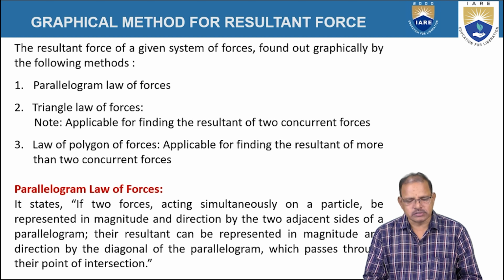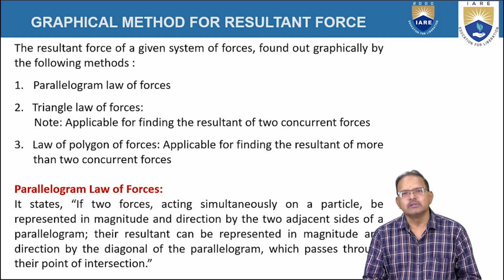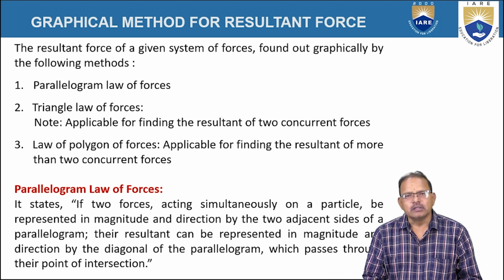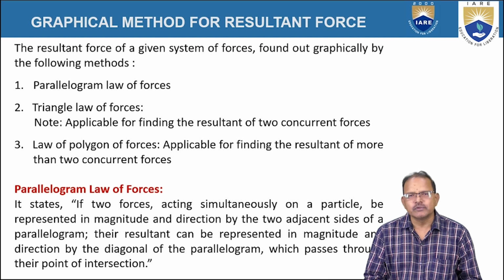Parallelogram law of forces says that if two forces are acting simultaneously on a particle at a point O, and are represented both in magnitude and direction by two adjacent sides of a parallelogram, then the diagonal passing through their intersection represents the resultant of these two forces both in magnitude and direction.